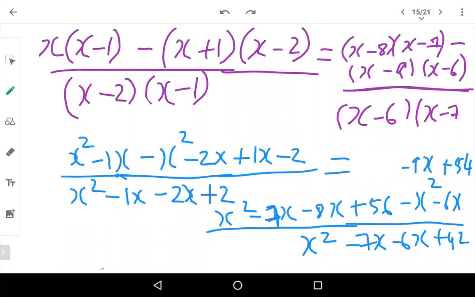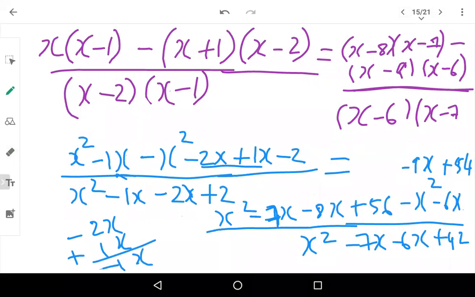Then what do you have? X square minus 2x plus 1x. Minus 2x plus 1x will be, that will be 1x, but it is minus 1x.